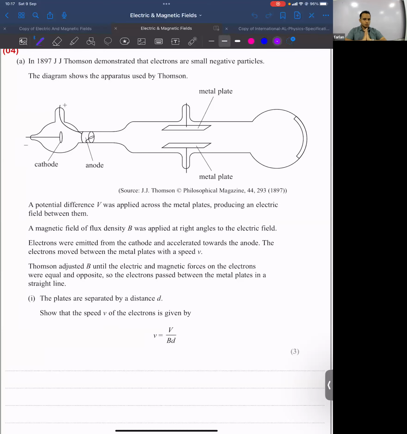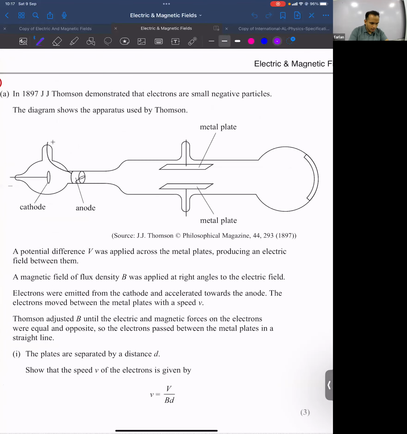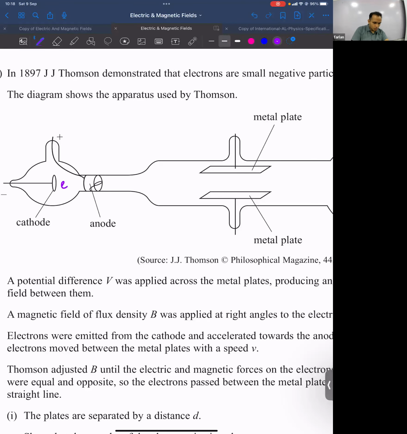Let me explain what is told in the question and what Thomson has tried to do. Listen. So guys, there is a cathode here which is negatively charged and there is an anode here which is positively charged. The electrons are negatively charged, so definitely they will accelerate towards the anode.